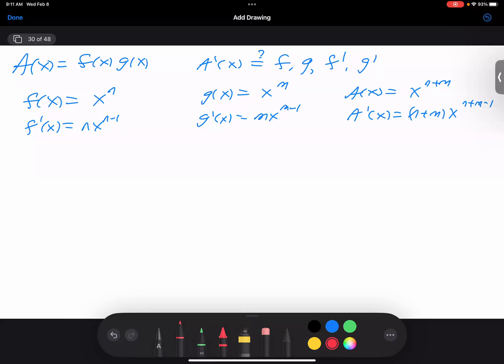Sorry. So I want to get an x to the n plus m minus 1 from f prime, g prime. How can I get an x to the n plus m minus 1 from f prime, g prime? What combinations could give that to me? Yes. Good, that's one way. And what's another way?